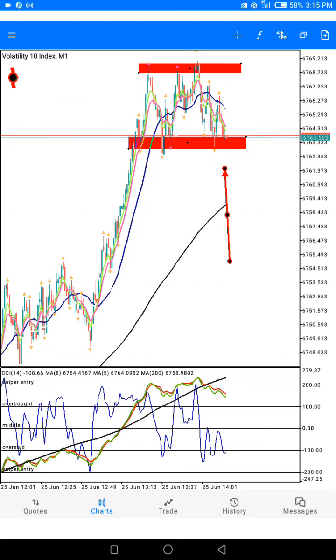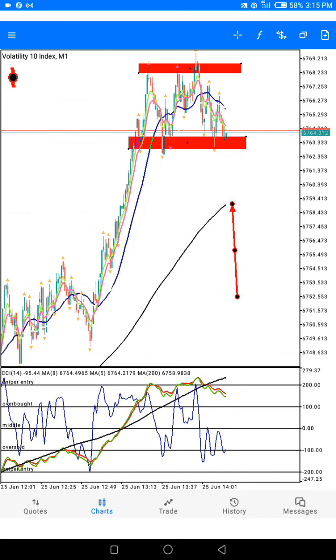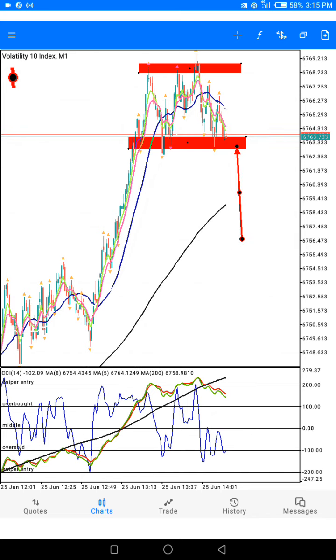It's going to come, test this zone, maybe do another pushback, but let's see how it's going to go. It's currently testing the zone to see if it can break through. We're going to observe the flow of the market.